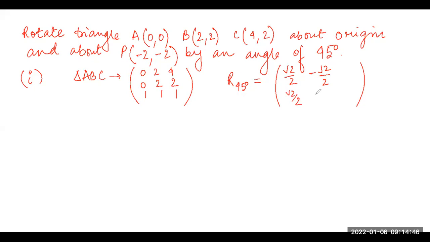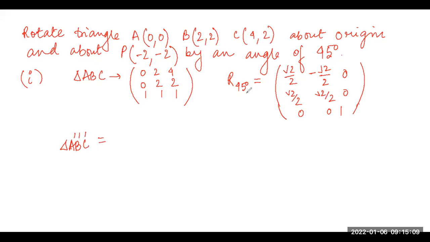I hope others have got why we are writing root 2 by 2. And we will have to change it to homogeneous coordinates. So 0, 0, 1 and 0, 0. Fine. Now the transformed coordinates, that is the triangle, suppose A dash, B dash, C dash, what will be the coordinates?